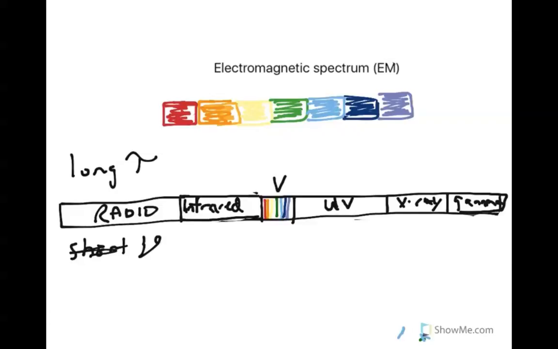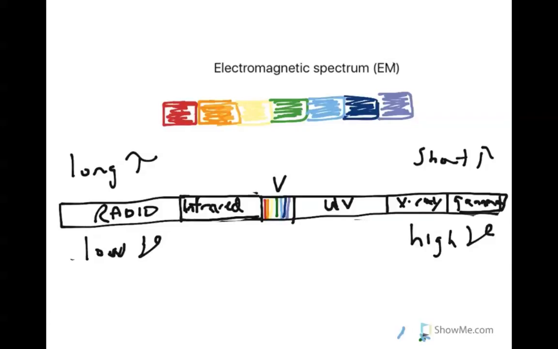More commonly referred to as the low frequency side. So let's label it as low. And then on the opposite end, we've got the short wavelengths, or the high frequency side.